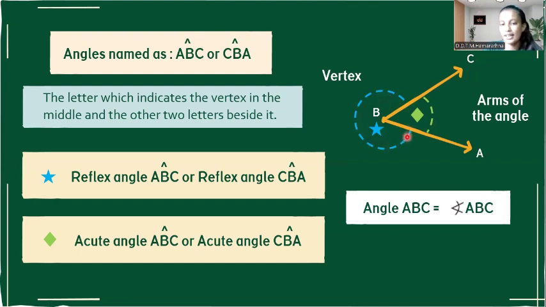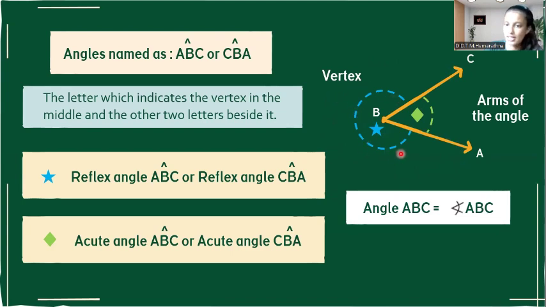This reflex angle can be named as reflex angle ABC or reflex angle CBA. That means starting from A, in the middle we meet B, and end at C. But it is a reflex angle, so it should be this side.